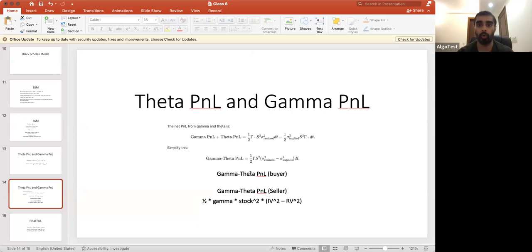When I first told you guys what is driving our PNL, it's these two magic numbers, IV and RV.